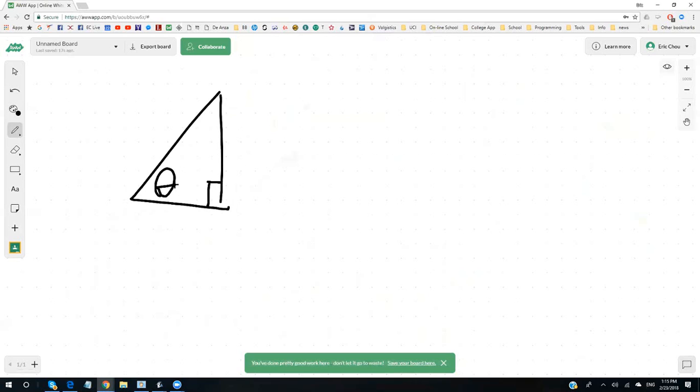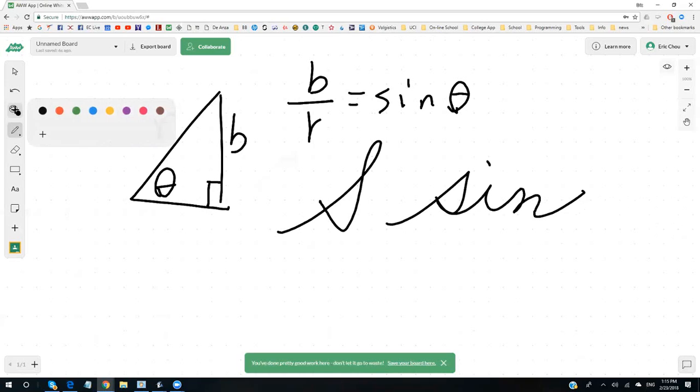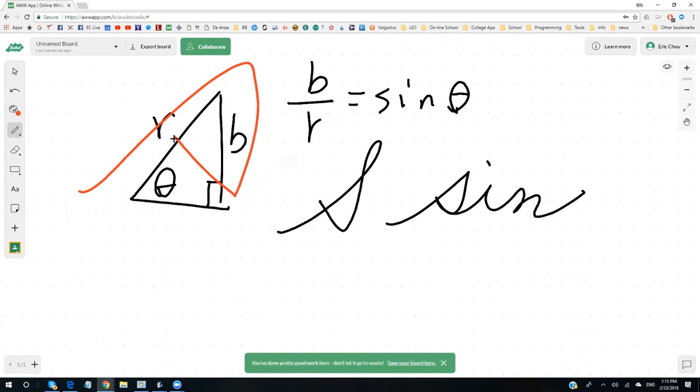My theta is over here, this is r, and this is b. B over r is called sine theta. When we write sine, the cursive is like this, capital case. So this side is sine. When you have a theta over here, you write sine. This side is b, that's the sine.